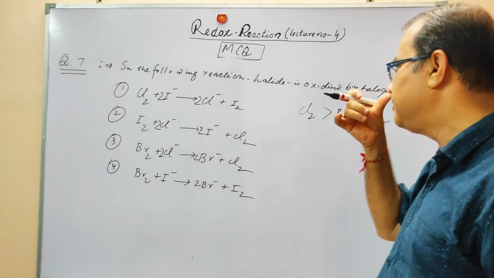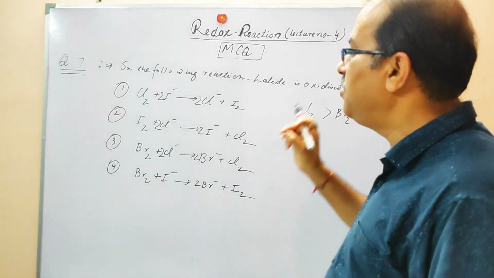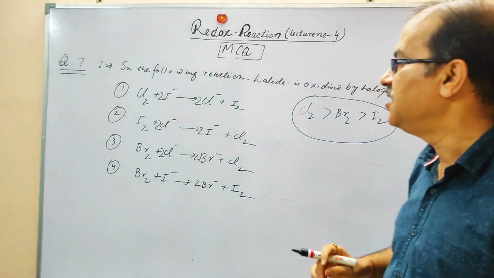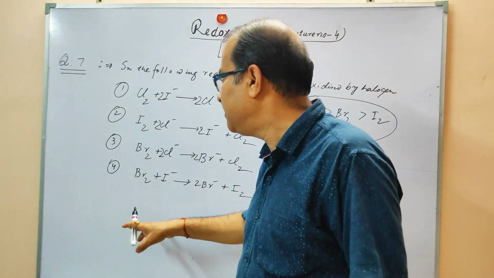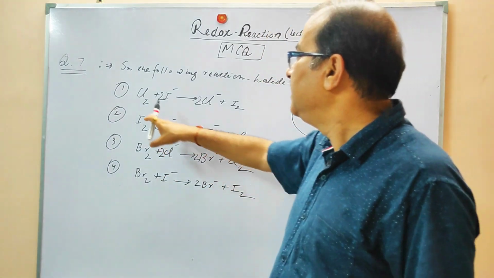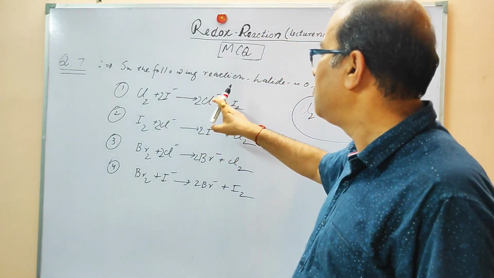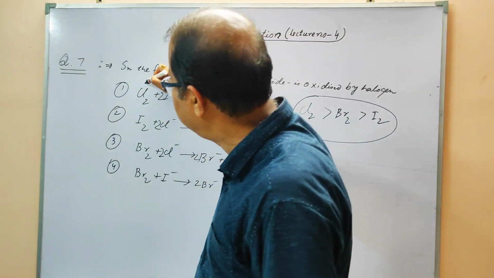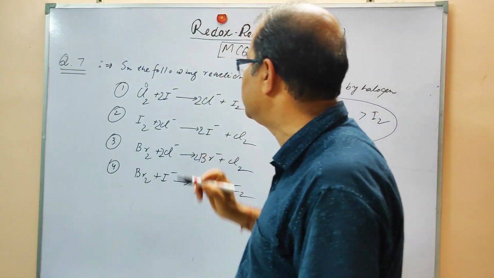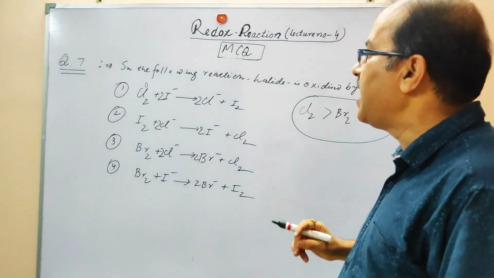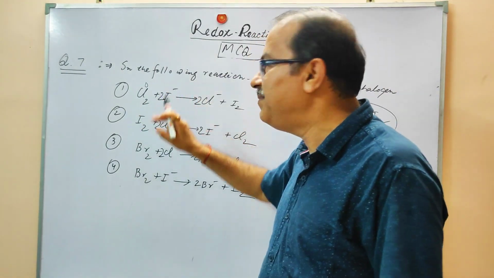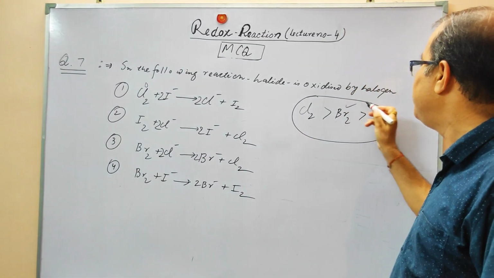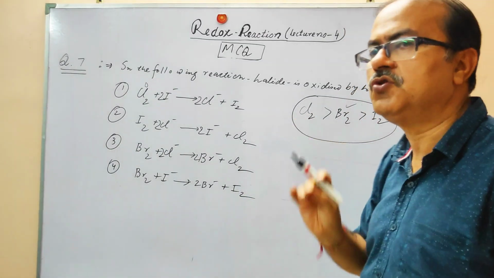So in this case, what is going to happen? Chlorine will have high oxidizing power, because in this reaction the chlorine is reduced. Chlorine has oxidation number 0 and its oxidation number is decreasing, and it will easily be able to displace the lower ones, that is bromine and iodine, from the solution.